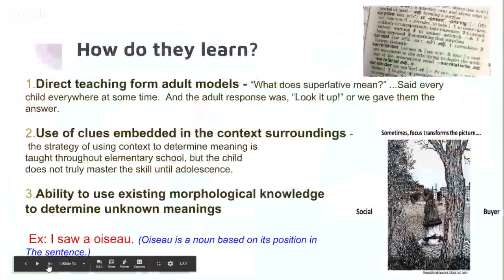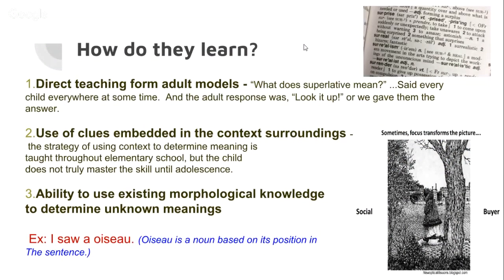So these are all the environments. These are all the impacts of learning, right? But how is it that children learn? Well, it seems easy to assume that they learn from adult models, and they do. So a child comes to the adult and says, what does whatever mean? What does superlative mean?